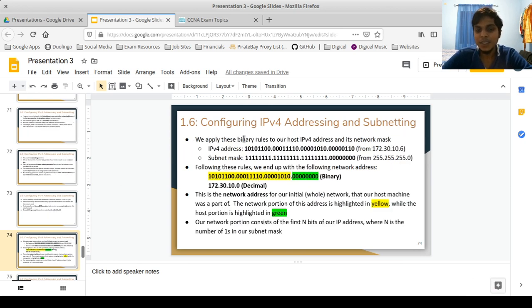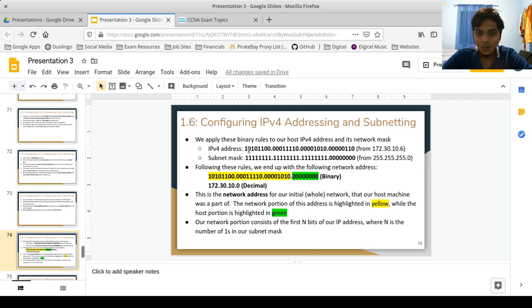So we apply these binary rules to our host IPv4 address and its network mask. So you see, we had the 172.30.10.6. This is our host address before, and we converted it into this binary form. And then we got our subnet mask, which was this, and we converted this into binary form as well. So following the binary ANDing rules we just discussed, we end up with the following network address for this host and this subnet mask.